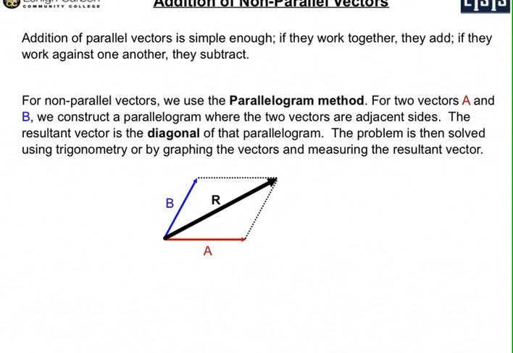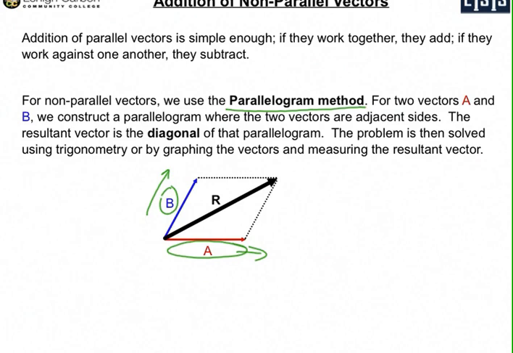One method we call the Parallelogram Method. If we have two vectors, here's vector A going in this direction, and a vector B going up this way, you can draw a parallelogram, shown here with the dotted lines and the two vectors.